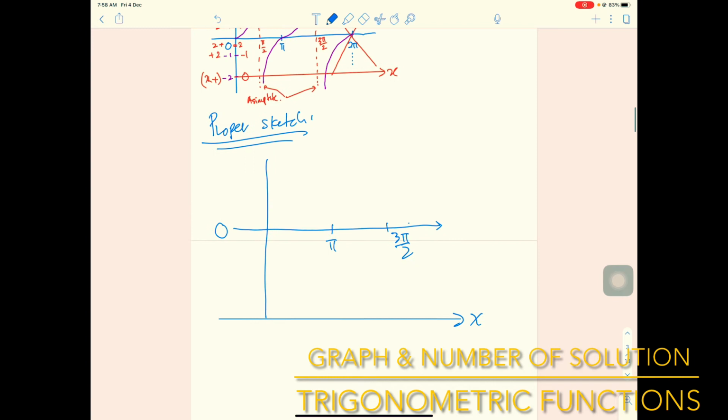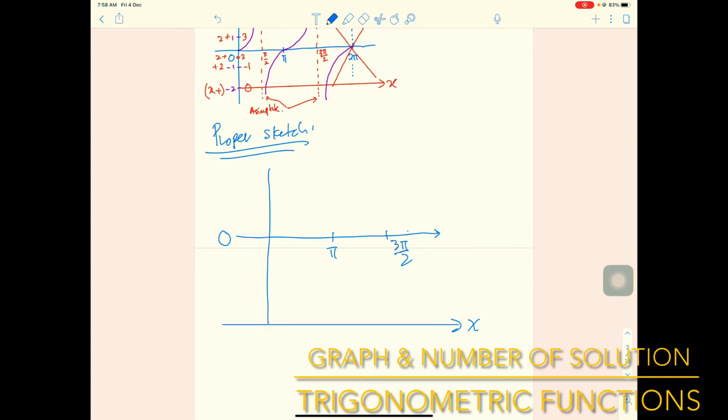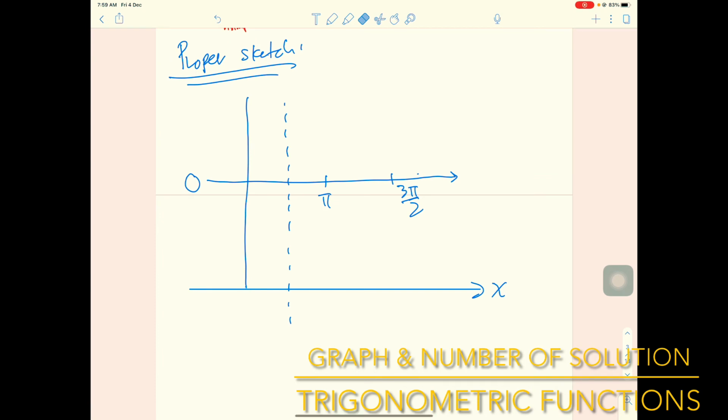And now here is 2. This is the asymptote. So the asymptote at 3 pi over 2 is the line for the asymptote.